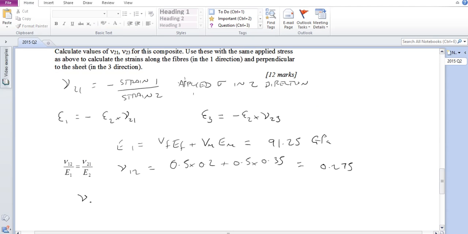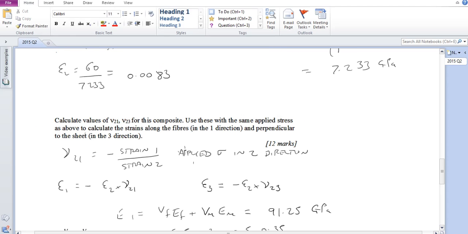So then what we can do is work out the value of Poisson's ratio 2:1. So Poisson's ratio 2:1 is equal to Poisson's ratio 1,2 times E2 divided by E1. Poisson's ratio 1,2 is 0.275. E2 we've just worked out slightly higher up, so that is equal to 7.233.